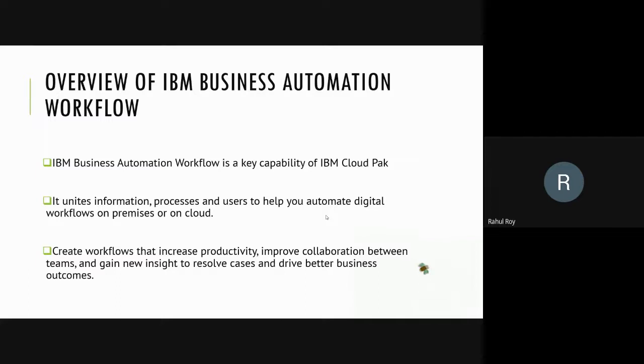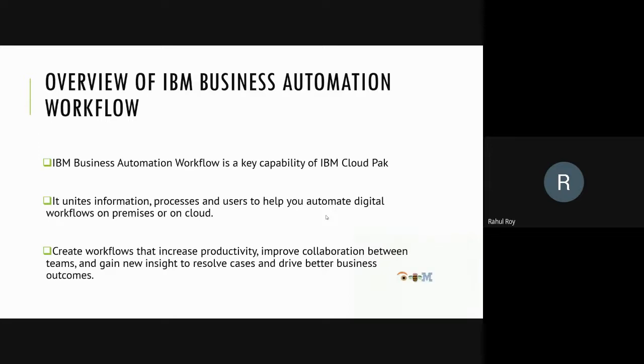If you bundle together so many things, the application becomes tightly coupled, and whenever an application becomes tightly coupled, it becomes very difficult to integrate any external application or system with it. So what IBM has done is create this product called IBM Cloud Pak, where they have added IBM Business Automation Workflow, which is the most important part of IBM Cloud Pak.